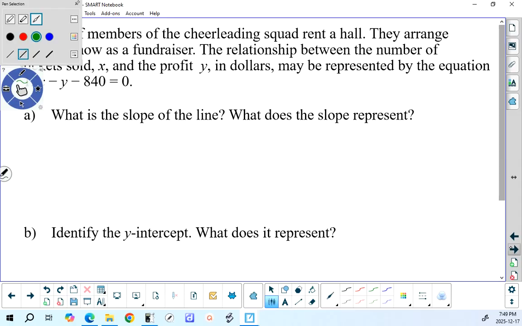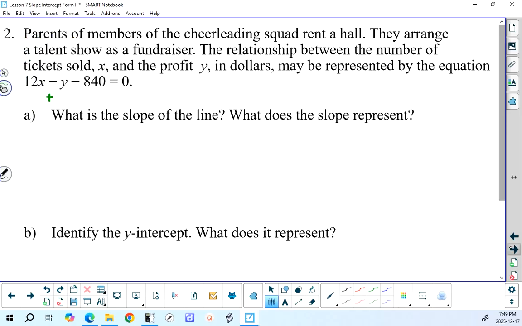Very simple rearrangement. I am going to add y to both sides to get positive y is equal to 12x minus 840. So what is the slope? The slope is the number in front of x, which is 12.